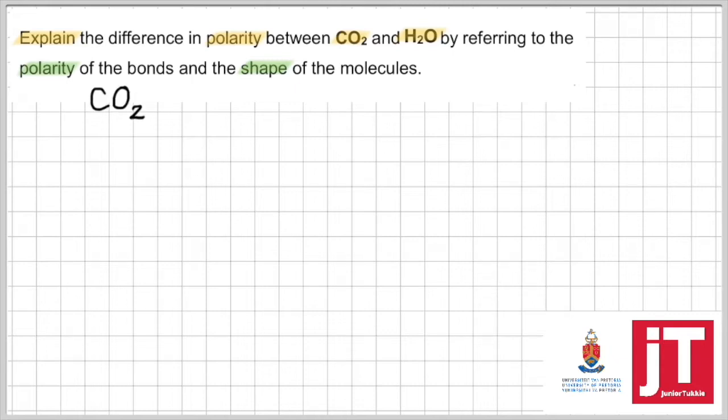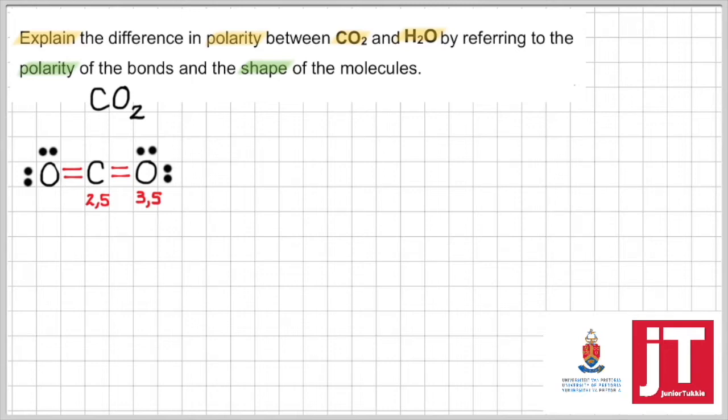We draw the Lewis diagram for carbon dioxide. And to make our lives slightly easier, I am going to replace the bonds between carbon and oxygen with straight lines, as you do in a Couper structure. Now that we have a diagram to analyze, we grab a periodic table where we find that there is a difference in the electronegativity between carbon and oxygen.